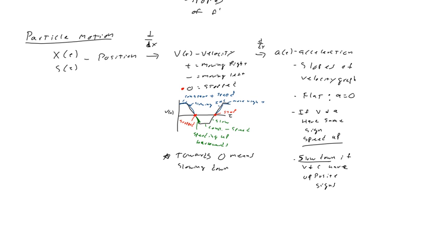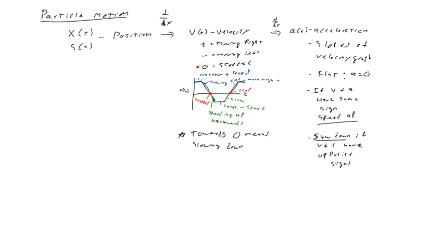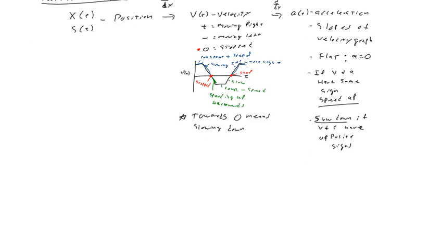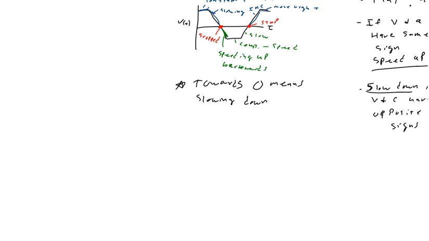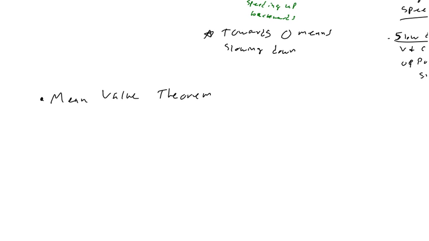We also have, okay, so we need to talk about the mean value theorem. Another piece of this is the mean value theorem. The mean value theorem relates to derivatives.